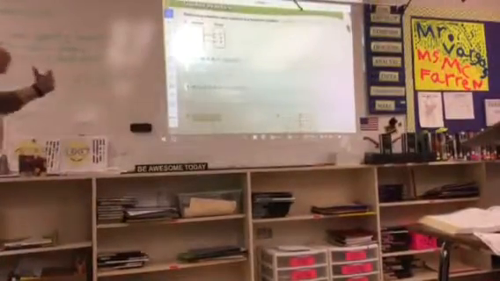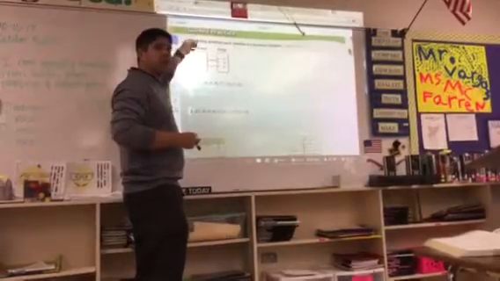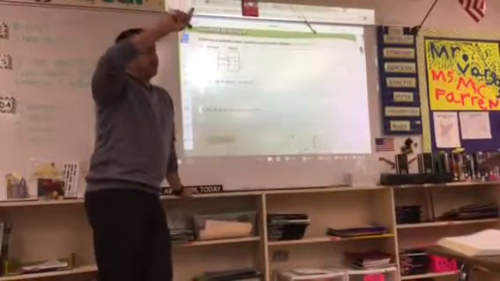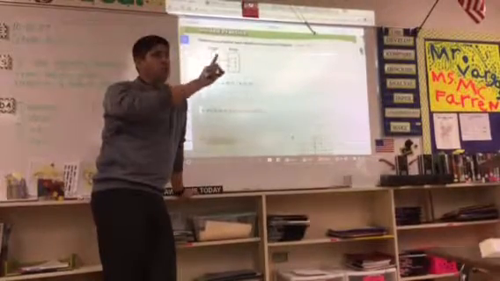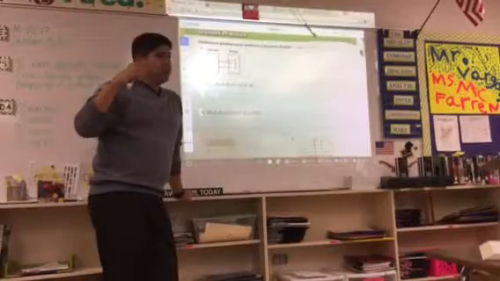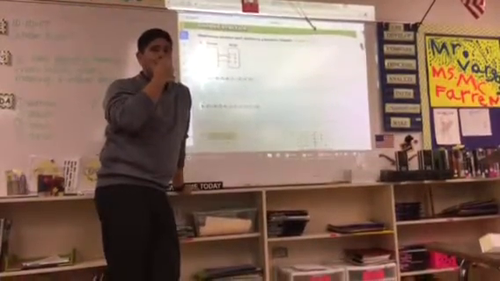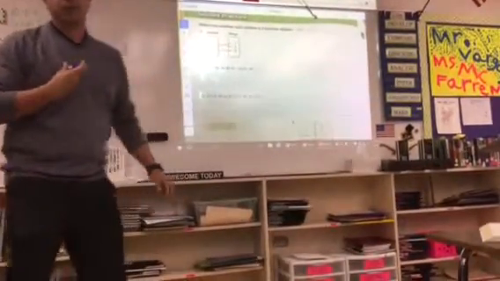When we're talking about functions, every x value only goes to one y value. An x value can't go to more than one y value. You'll start to see that when we go through these examples.